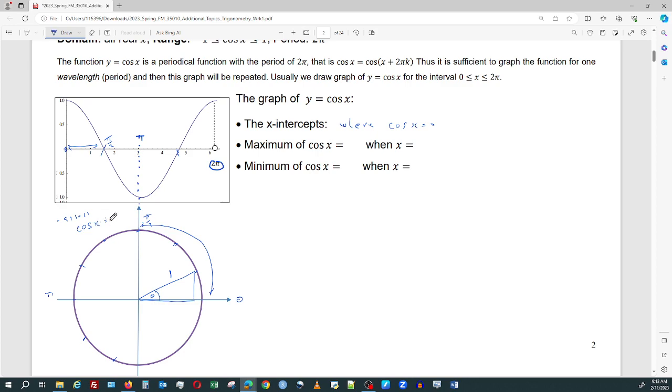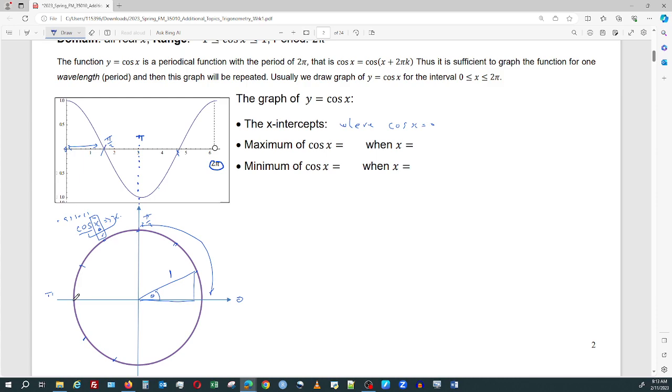We associate cos with x. Having the cos of x is no different to having the cos of y, or the cos of theta, or the cos of r, or the cos of any other variable. That's irrelevant. The cos represents x. So if cos is looking here, what's cos at pi?